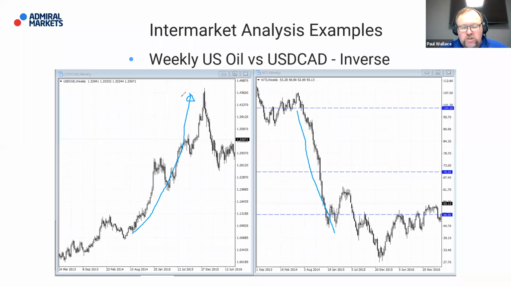So if you're looking at the Canadian dollar and not sure why it might be very strong or very weak at that time, take a look at the price of oil, US or West Texas. That might give you a little bit of help in understanding what's happening.